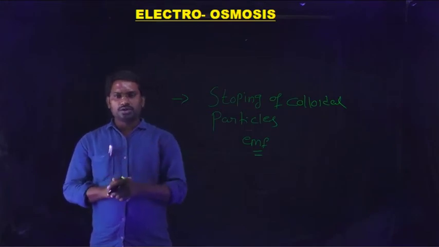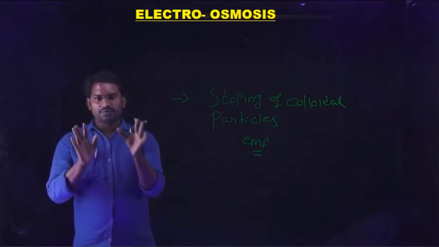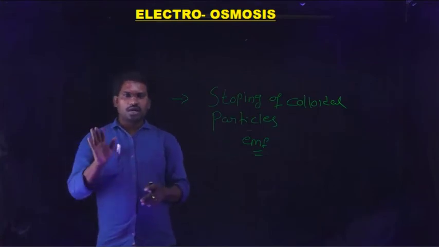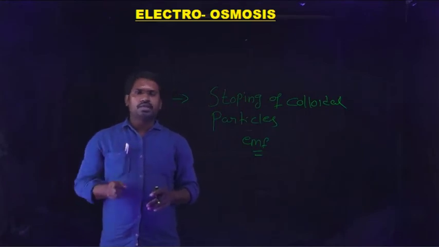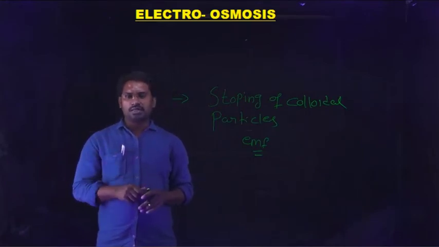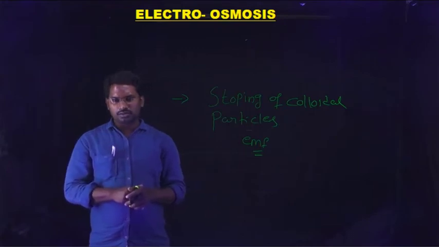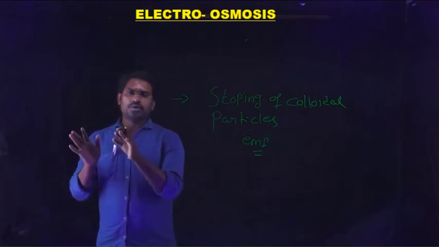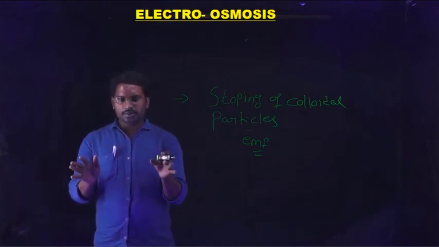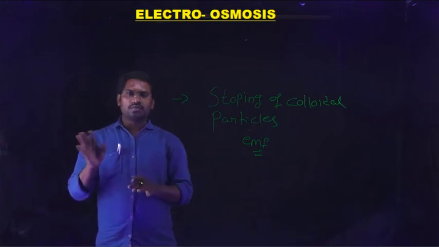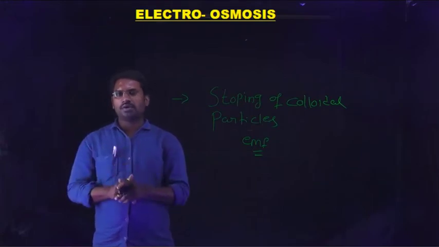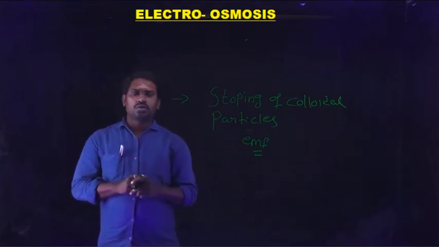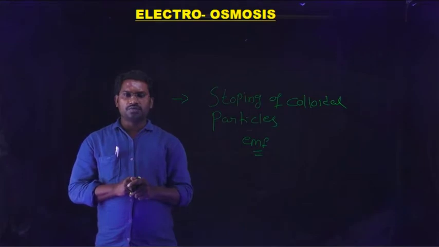Here in that instrument we keep a diaphragm fixed between the two platinum electrodes, and then even though we supply the EMF, the movement of the colloidal particles is stopped or arrested. That diaphragm prevents the movement of the colloidal particles under the influence of EMF.